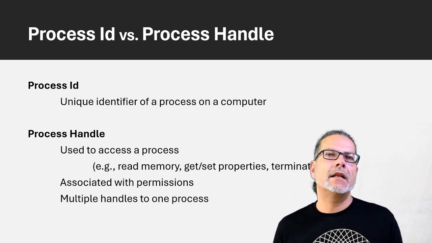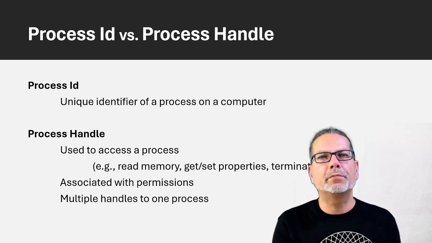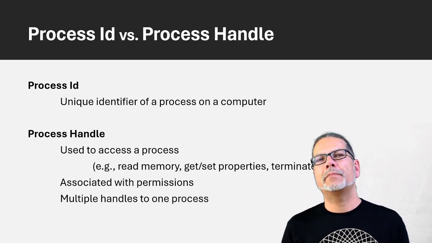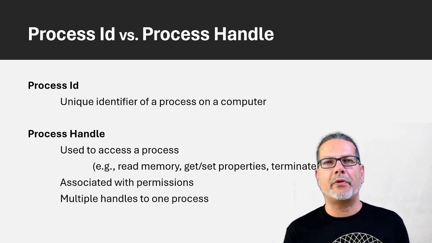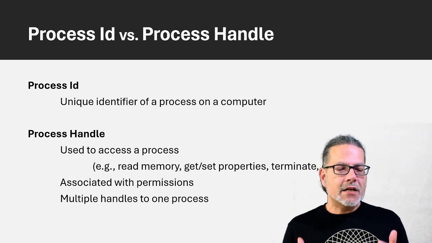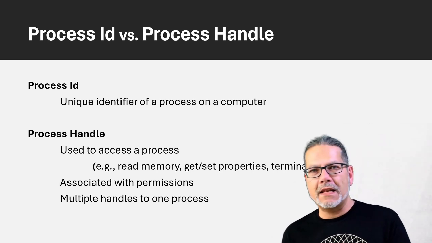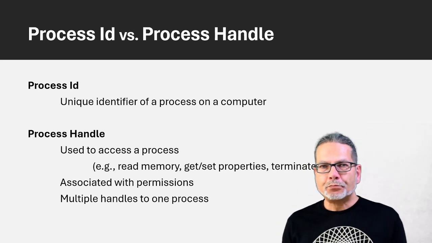Then you need a higher level of permissions, and you either must target your own processes which are running in your current user account, or you must be a Windows administrator, or your application must run with administrator privileges to be able to do these more or less intrusive things with a process.